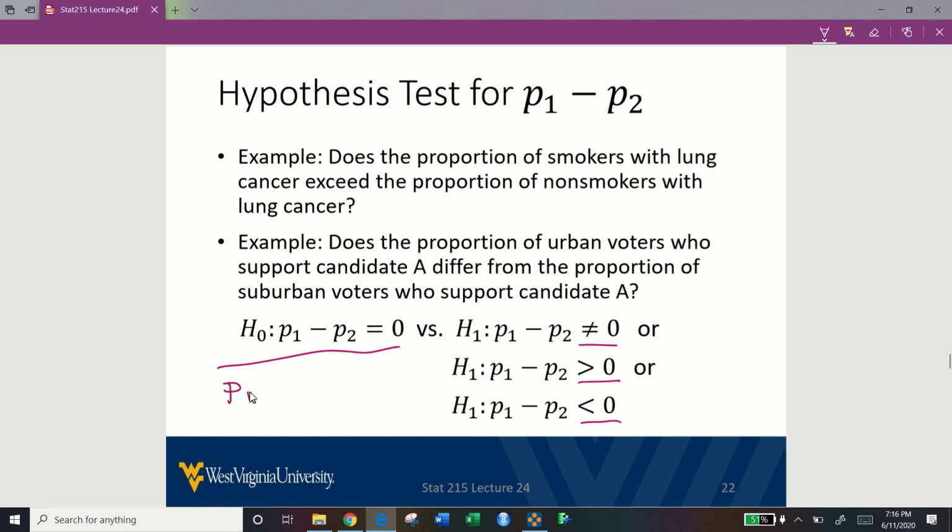If we have P1 minus P2 equal to 0, using algebra, we can rearrange this such that it is P1 equal to P2. The same thing for our alternative hypothesis. What we're really saying is P1 is not equal to P2, P1 is greater than P2, or P1 is less than P2. This is considered to be a more proper way of writing a hypothesis, although the statements are the same.